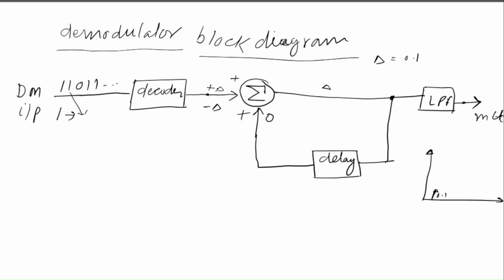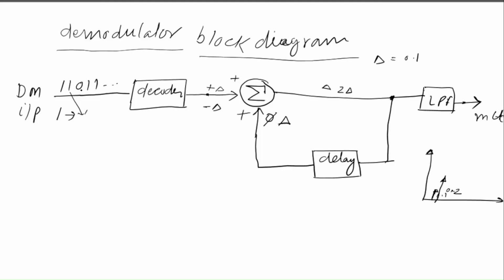Then again it is 1, the second one. For the second, this is plus delta, and now here it is delta, so delta plus delta will become 2 delta. Here it is 2 delta, not exactly 0.2, because delta is 0.1, so it is 2 delta.